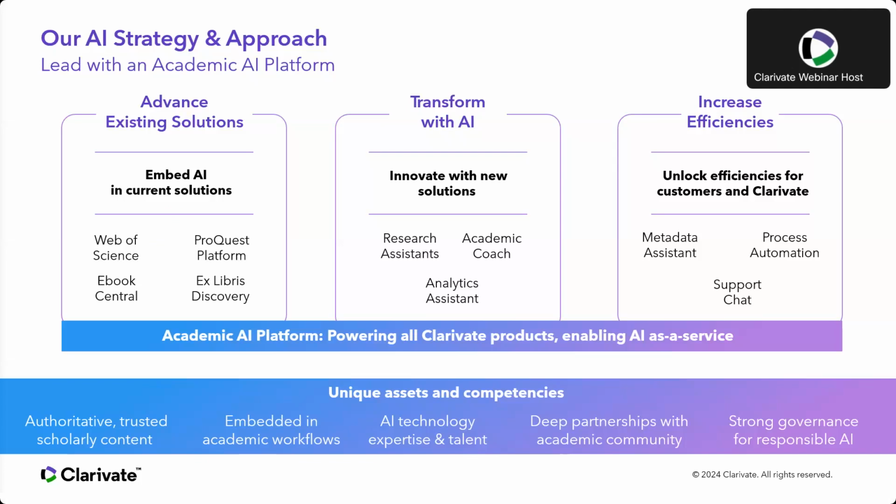And then the second type of advancement that we do is we transform with AI, which is we create new services, new applications that we didn't have or couldn't do before. It's like implementing new solutions to existing challenges.